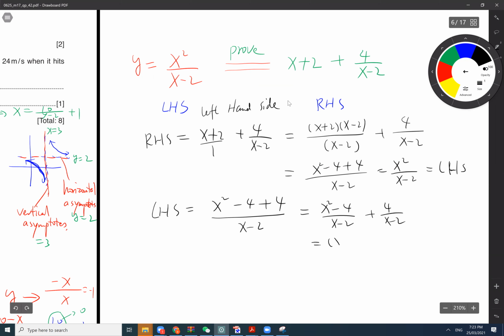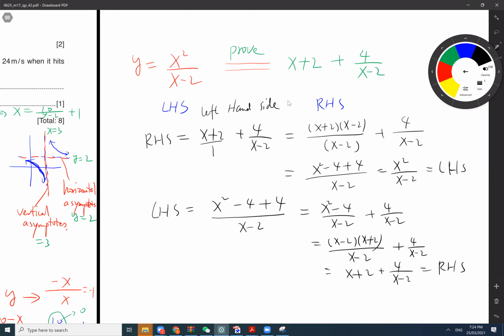Why do we use x squared minus 4? Eden, why do we use x squared minus 4? Oh, yeah, so we can cancel out. You can get x minus 2 times x minus 2. Very good. Yes, that's why.